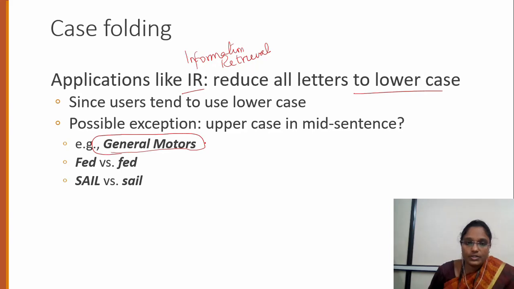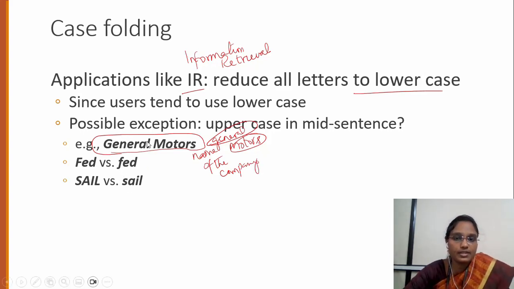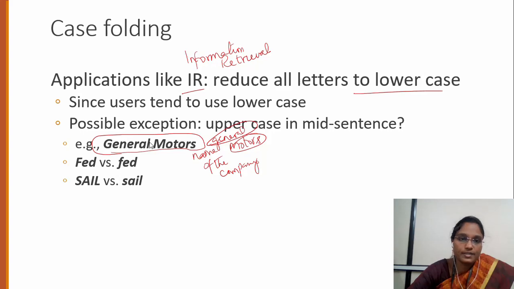If you use small case letters for everything, it won't give the right meaning, because General Motors is the name of a company. If you reduce everything to small letters, it becomes two other words, general and motors. When we write any name, we use uppercase, so it is necessary to maintain some of the uppercase letters at some point.